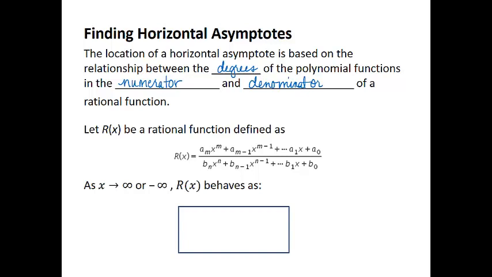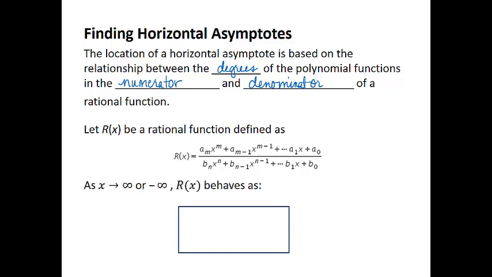If we have r of x equal to some polynomial in the numerator, a sub m x to the m plus a sub m minus 1 times x to the m minus 1 plus other terms down to a sub 1 x plus a sub 0, and the denominator is b sub n x to the n plus b sub n minus 1 x to the n minus 1, and so on to b sub 1 x plus b sub 0.